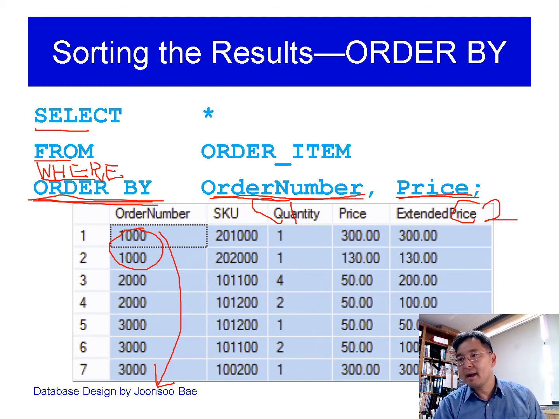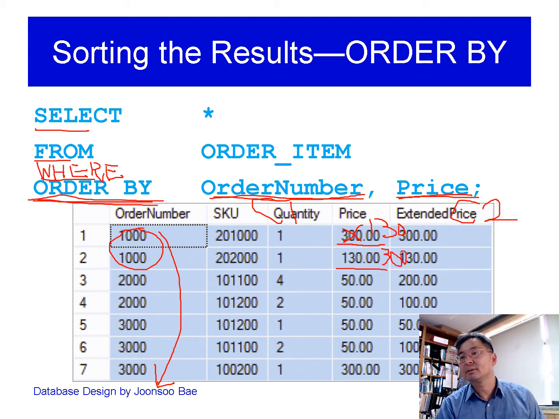Then I think there is something wrong here. The price must be increasing, but in the result it is decreasing, so I think it is wrong. The correct one is 130, and then 300.